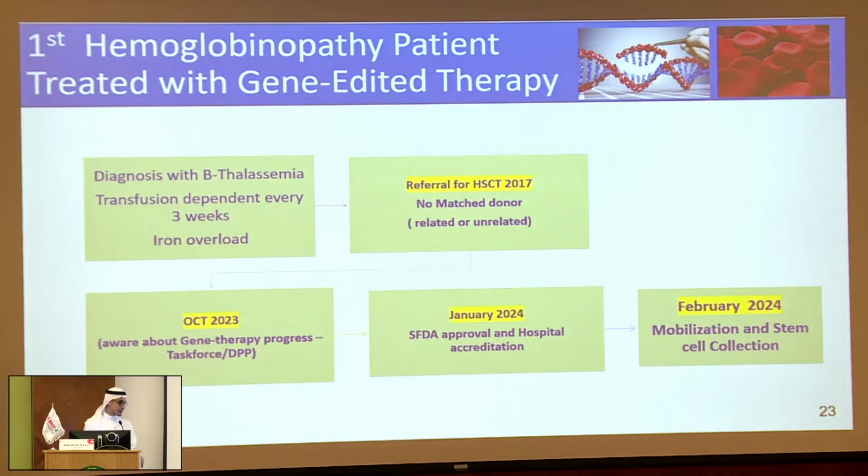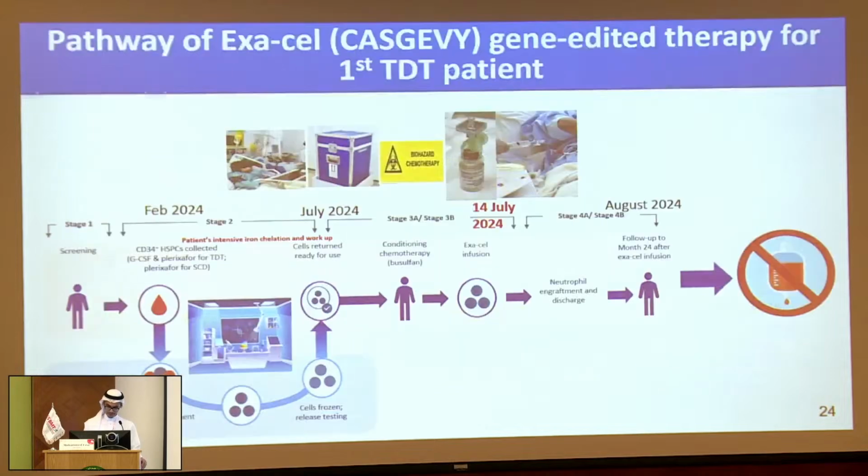This patient unfortunately did not have a matched donor, neither a matched unrelated donor, and started to accumulate iron. The ferritin was in the 3,000 range plus on iron chelation, and he was followed rigorously, and then referred to us for transplantation.